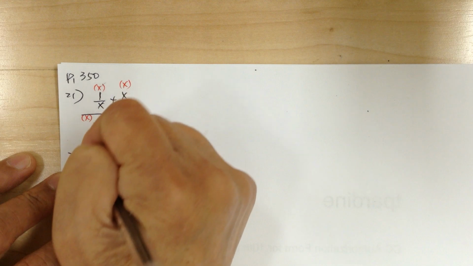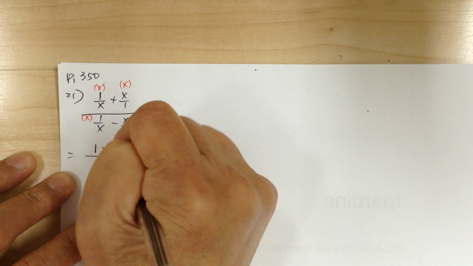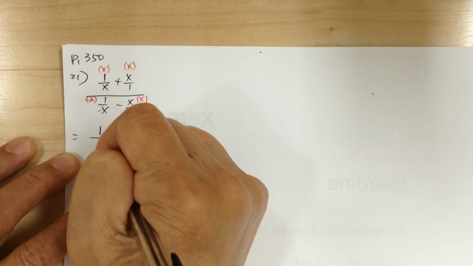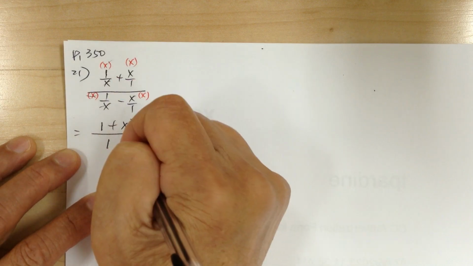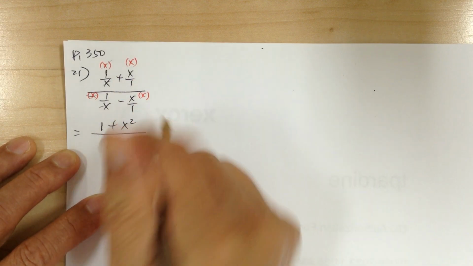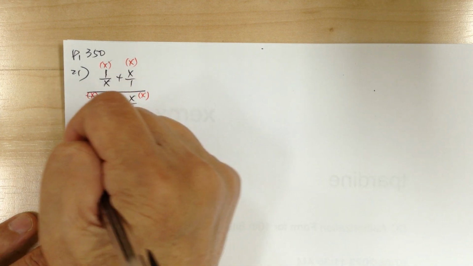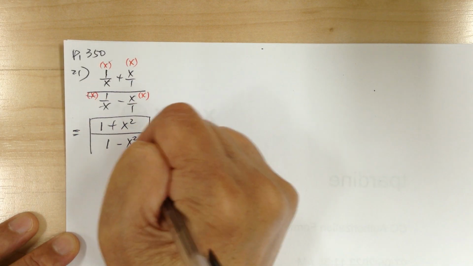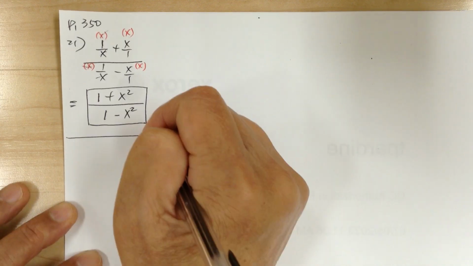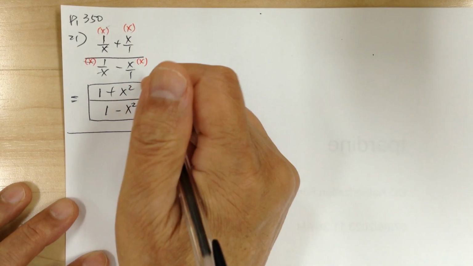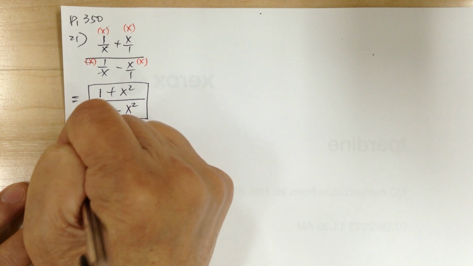So this will cancel out, so you've got 1 plus x squared, and this one cancels out, so you've got 1 minus x squared. Okay, and this one you can factor, but it doesn't do any good, so you can just leave it. Okay, if you know that you cannot cancel, you can just leave it. But if you're not sure, it's always good to factor it out and check.